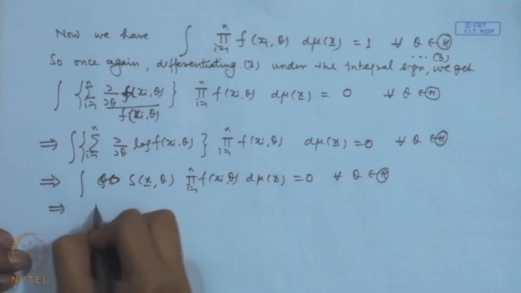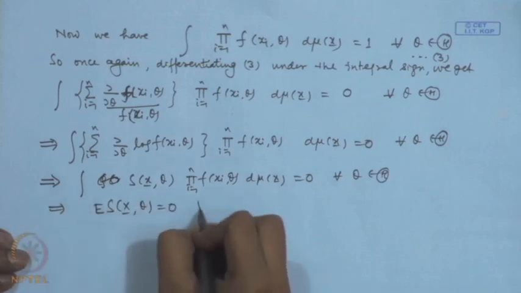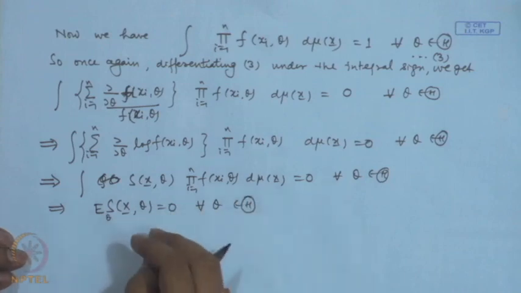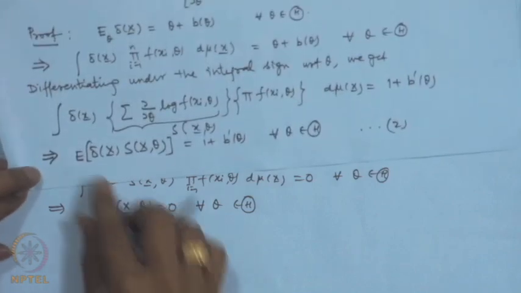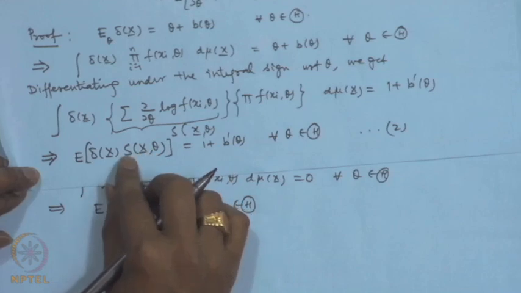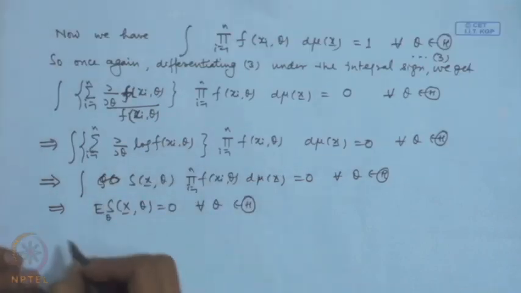That means, expectation of S x theta is 0. If the expectation of a random variable is 0, then the expectation of that random variable multiplied by another will be equal to the covariance term.